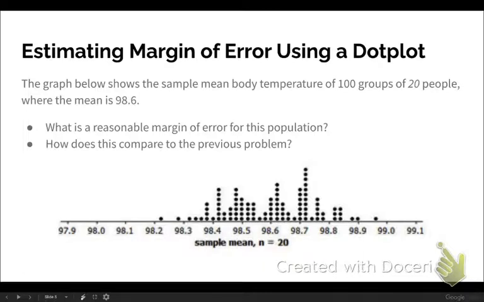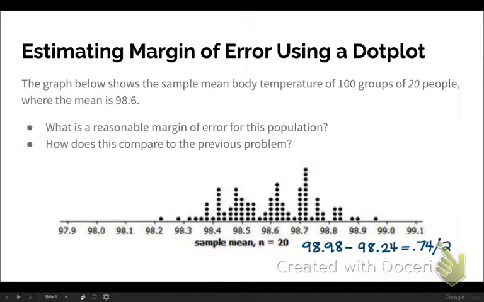So if we're calculating a reasonable margin of error for this group, we would take the highest value that we see on this graph, which is 98.98, and we would subtract 98.24, and we would have a range of 0.74, so a lot smaller than the previous graph.